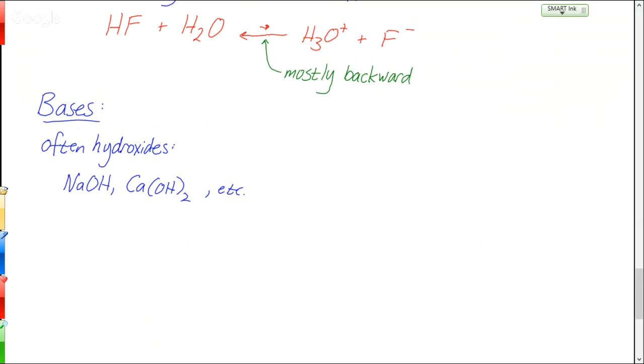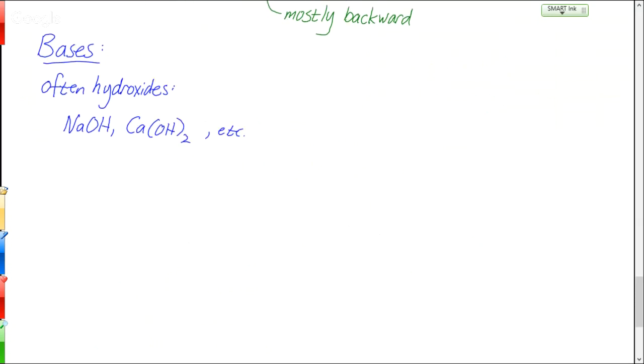There are other bases too, because remember, anything that can accept a hydrogen ion is considered a base. What makes hydroxides particularly good bases? Why do we think of hydroxides as bases? What do you get when a hydroxide ion accepts a hydrogen ion? You get water, right?